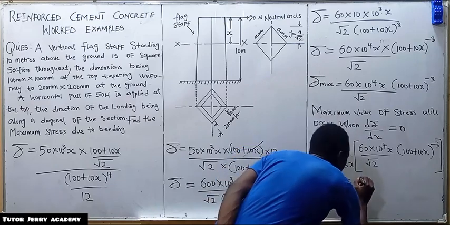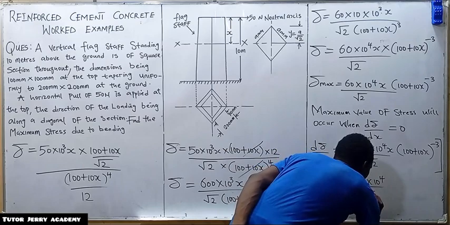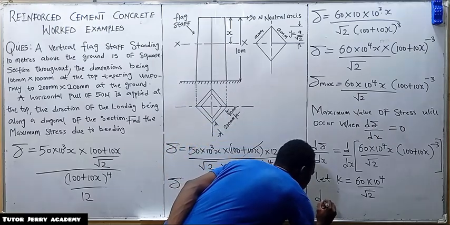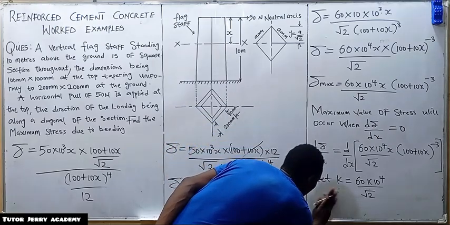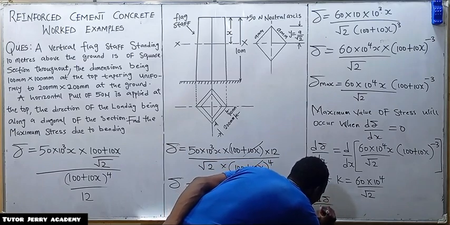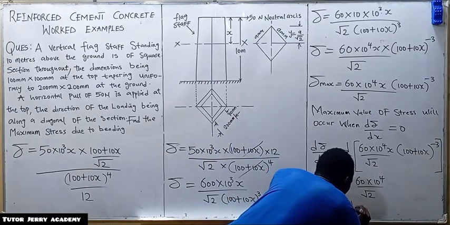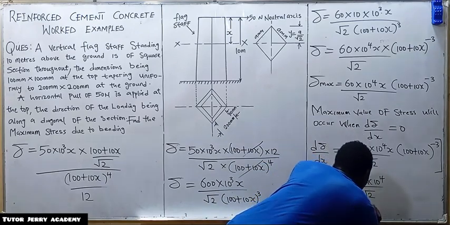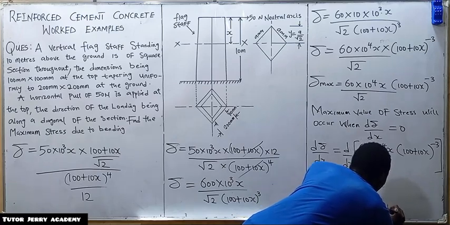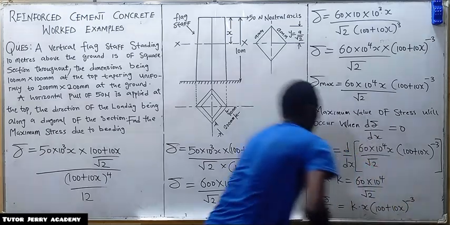It means that d sigma over dx will be equal to k multiplied by x into (100 plus 10x) to the power of minus 3.